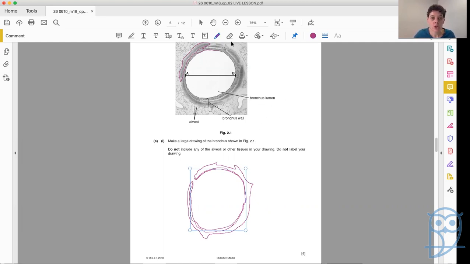So now these softer, squashier bits, certainly not squashier in real life, but they look a bit squashy. Okay, those are your cartilage, pieces of cartilage that we're looking at here on the outside. So again, if it stops halfway in a pointy bit, it must stop halfway on your drawing as well. Okay, so then there's a piece that fills in here.